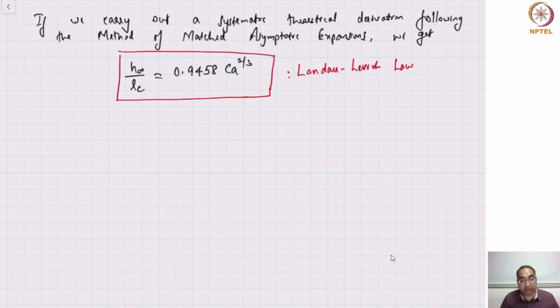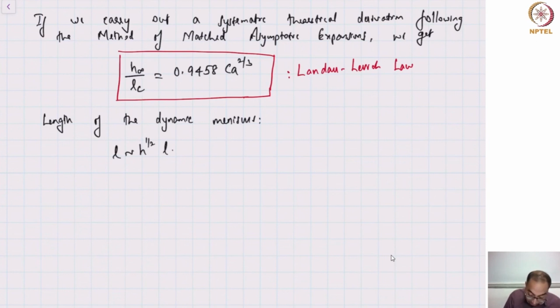Now let's confirm that the assumption that we have made is indeed okay. We had made the lubrication approximation, so let's check what is the length of the dynamic meniscus. Length of the dynamic meniscus L goes like H power half LC power half, and if you substitute the expression for H, you get LC times capillary to the 1 by 3.